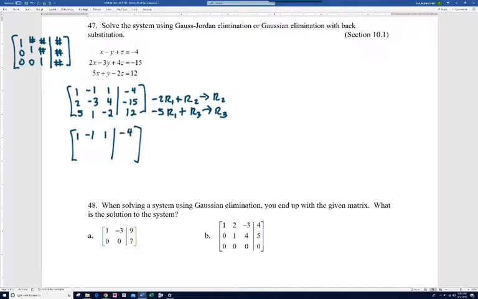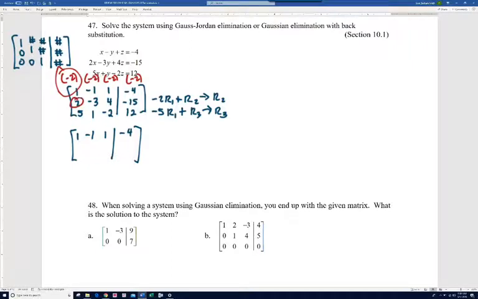So the first row doesn't change. So we're going to multiply each of these numbers by -2. And actually, I probably shouldn't do it there. I should do it up here. Okay, so -2 times 1 is -2.